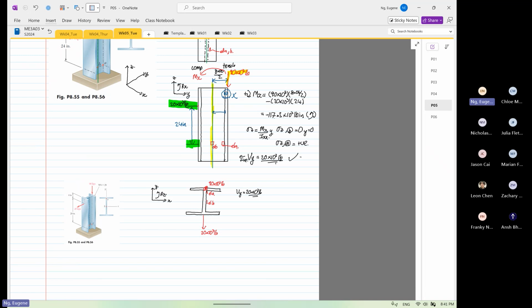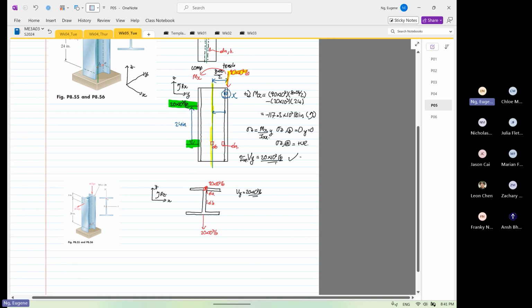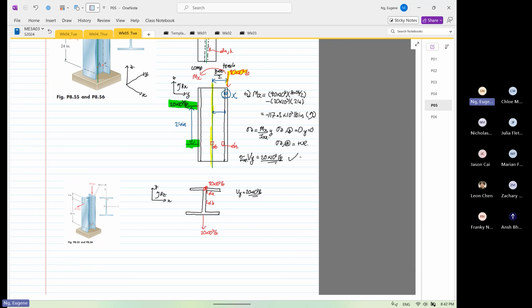Okay, so this is for combined loading, and why I'm teaching this now is because it will be good for your term test also, to identify your moments in what directions. And this is a real 3D problem. So in this course we are solving real 3D issues rather than just 2D.